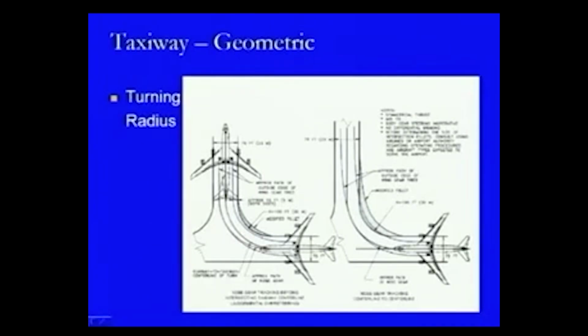So, in this case what will happen is that this nose will go away from the center line, like this is the center line. So, this is going away from the center line, and then after negotiating this curve, this will come back to the center line, and the aircraft will get oriented again with respect to the center line.